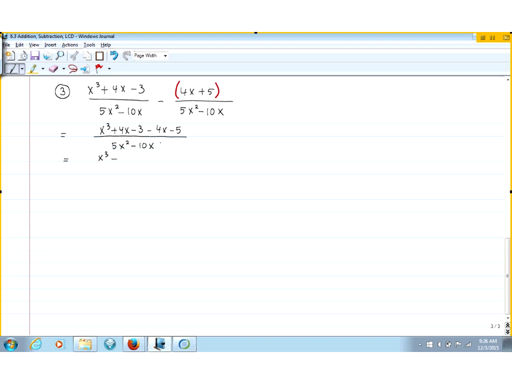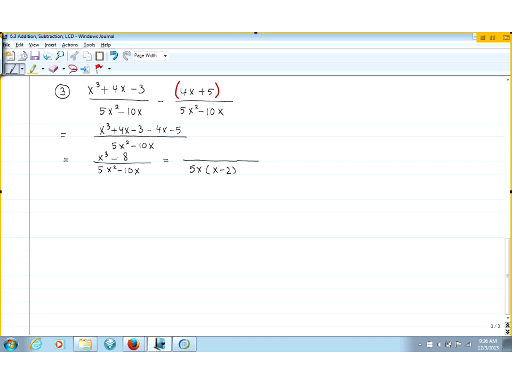So this is x cubed minus 8 divided by 5x squared minus 10x. Yes. So let's see. Can we factor out 5x squared minus 10x? What is it? 5x multiplied by x minus 2.